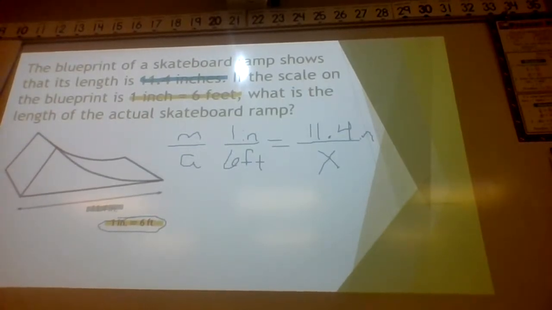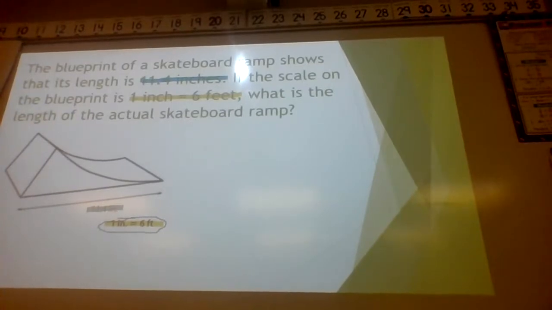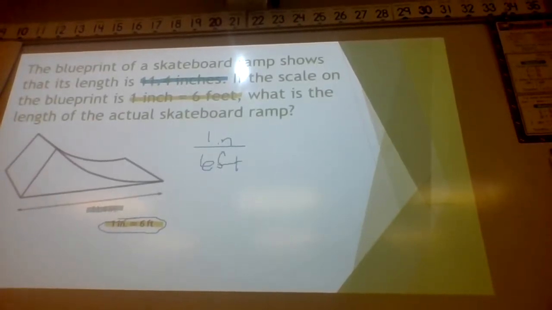That's how you guys solved it, right? Well, we're going to do it slightly different now. Scale factor. What scale factor is going to look like is you have your 1 inch to 6 feet, right? Are these the same units?